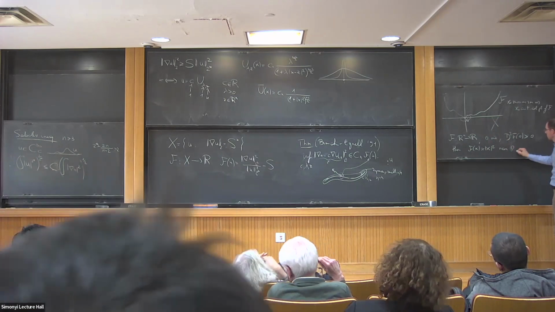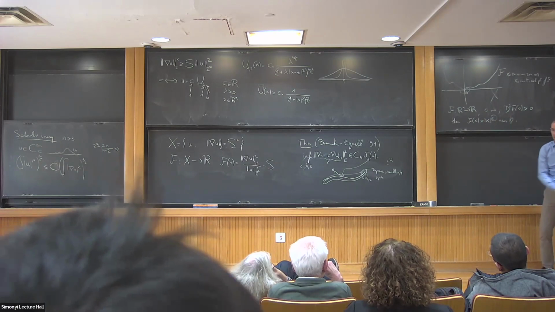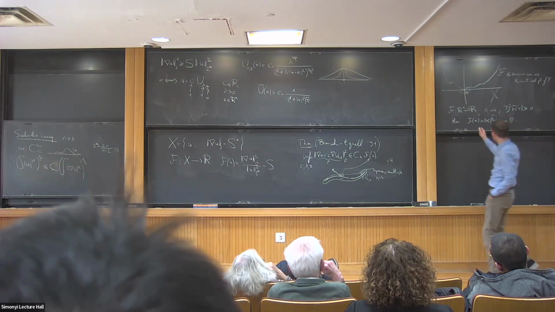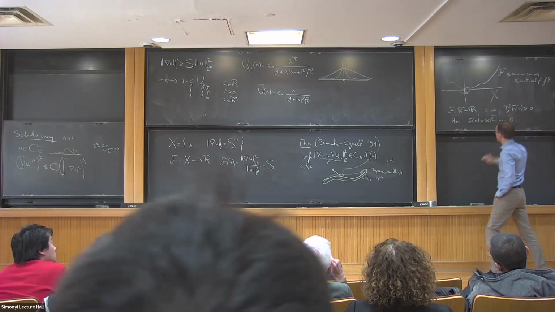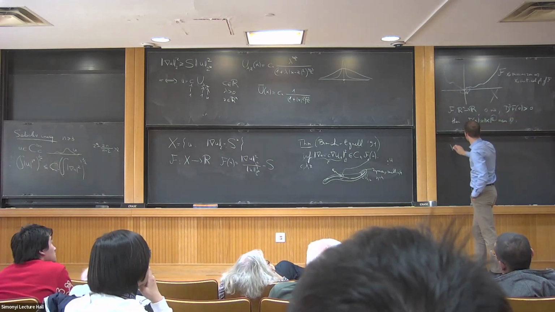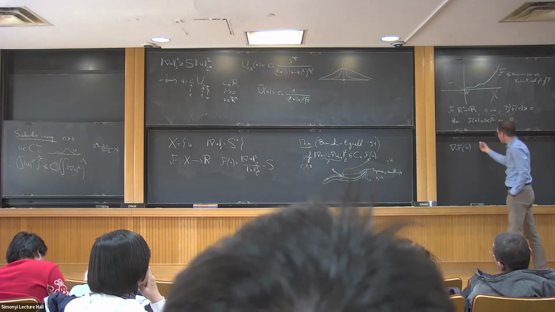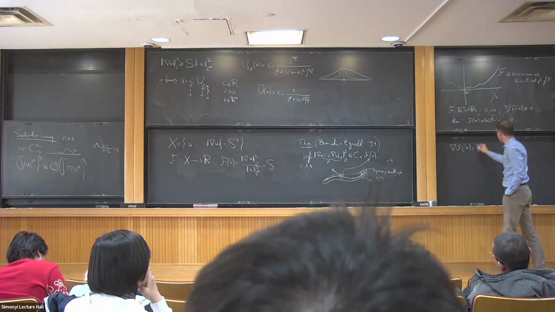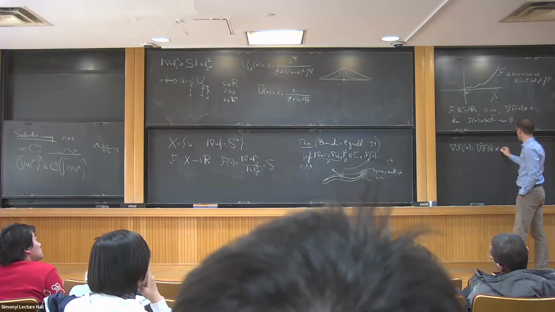This was the starting point. This is where you see the power 2 appearing. But now, if you look at critical points, you can say, okay, if I have this, then I can look at the size of the gradient of f. And this by Taylor expansion is equal to the Hessian of f at 0 times x plus little o of x.